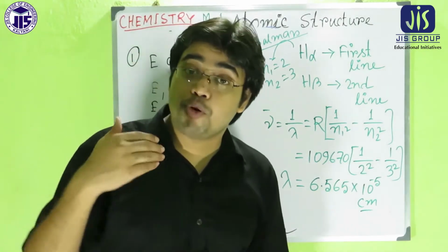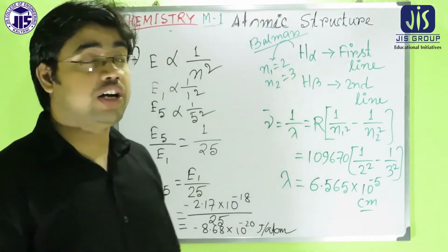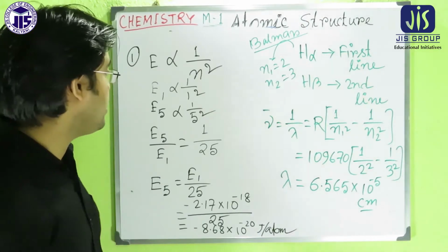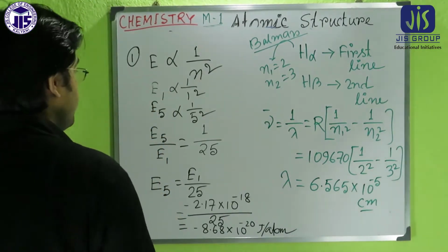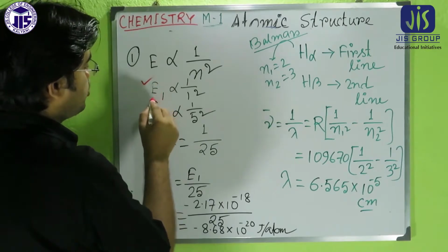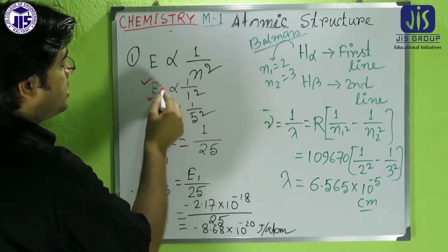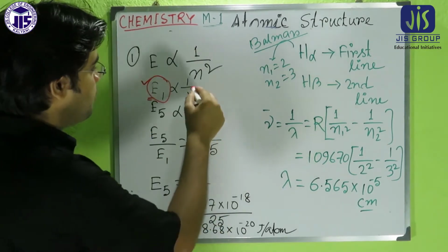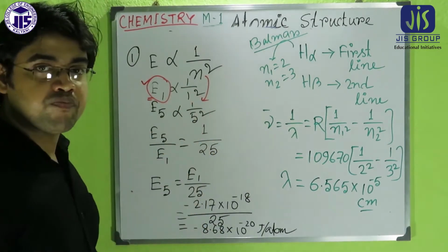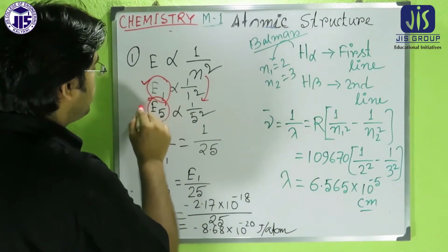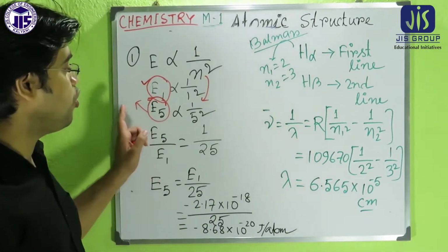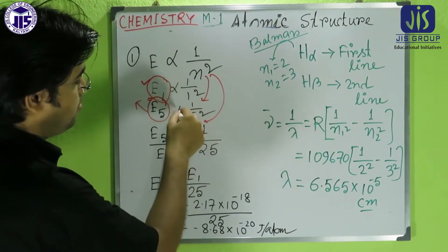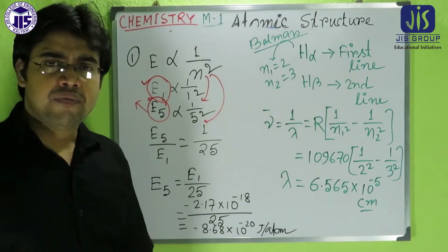Now if E is inversely proportional to the principal quantum number squared, we can write E1 proportional to 1 by 1 square, since it is the energy of the first Bohr orbit, so n is 1. E5 is the fifth Bohr orbit, so n equals 5, and E5 is inversely proportional to 5 square.